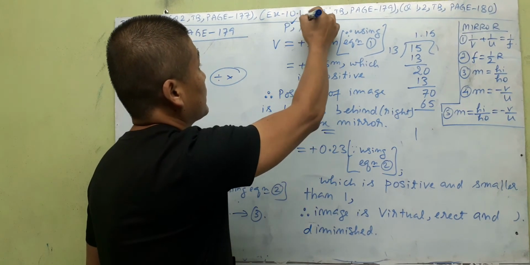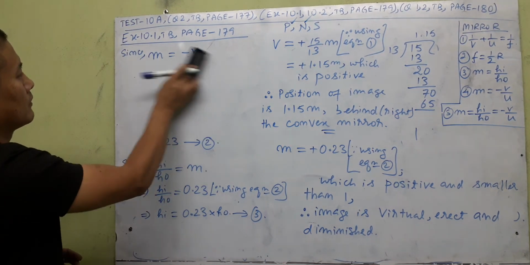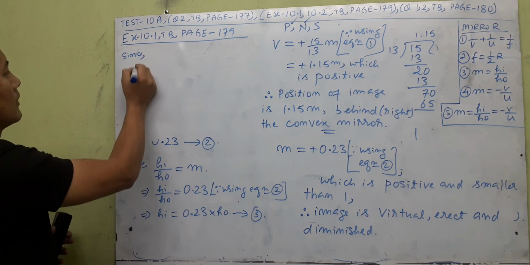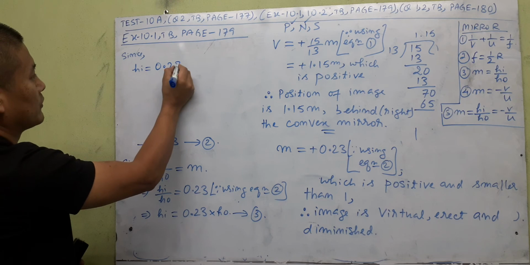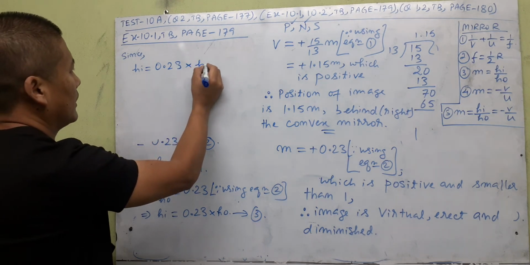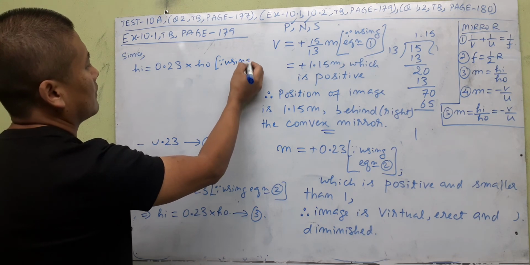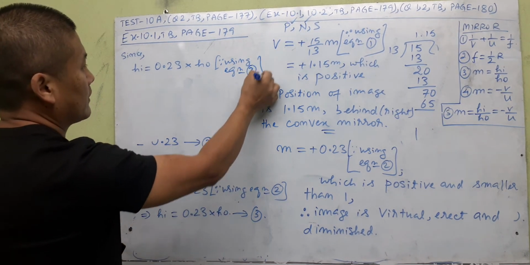So that is the position answer and the nature answer. Now size, finally. So let us write it down. Size means HI. So you write here, since we know HI is equal to 0.23 times HO, as we got this by using equation number 3.